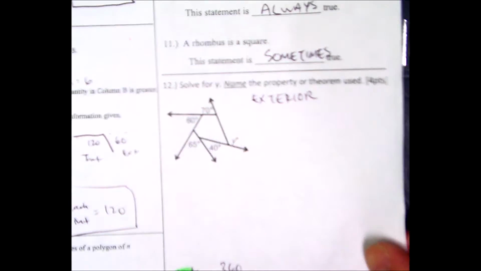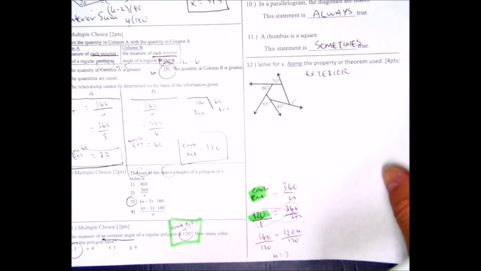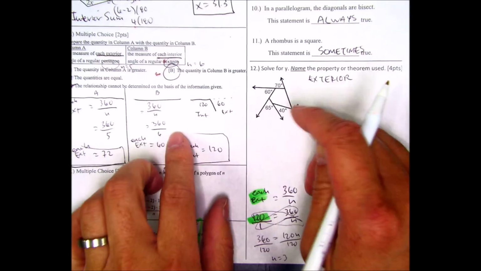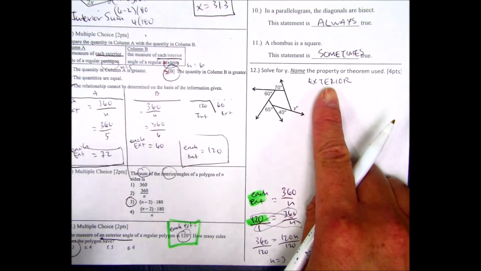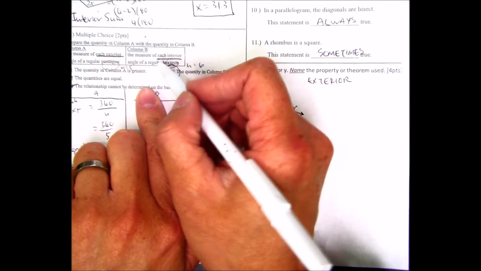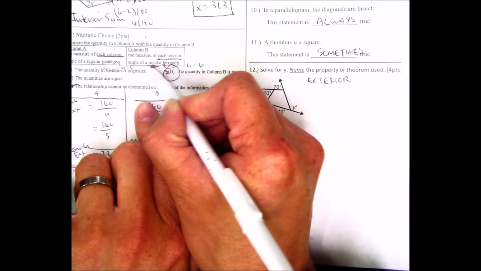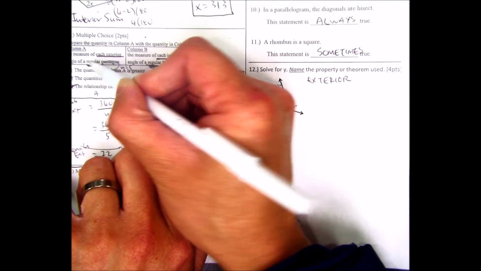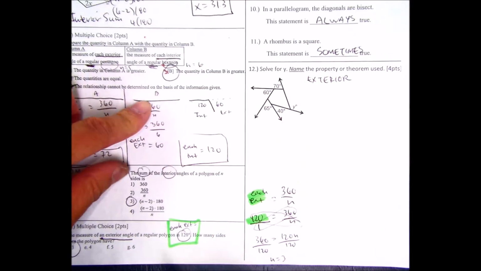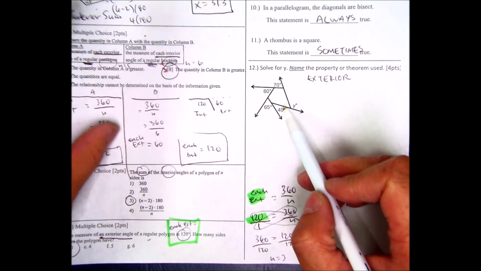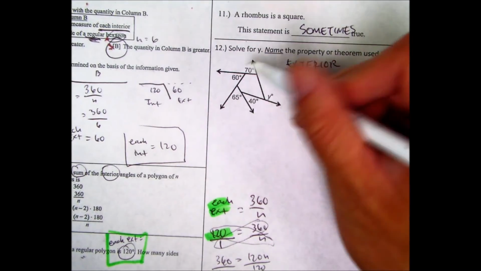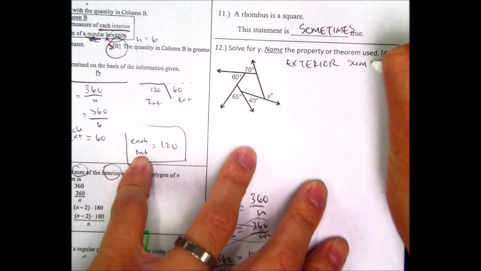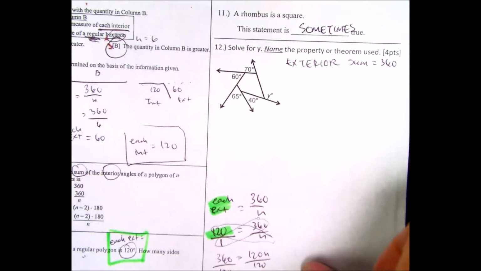And the difference between questions 8 and 12 is that these previous problems are regular, which means all of the interior angles and all the exterior angles are going to be equal. Now this one, they're not equal, but I can still use exterior, and so I'm not finding each, and that'll be exterior sum is 360 degrees.